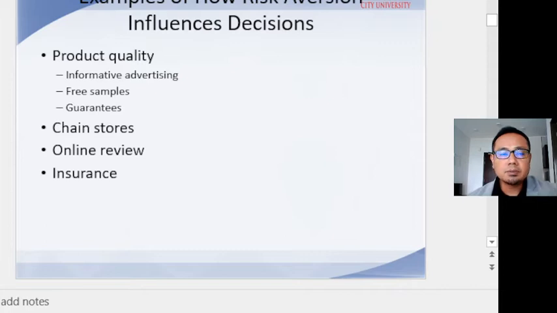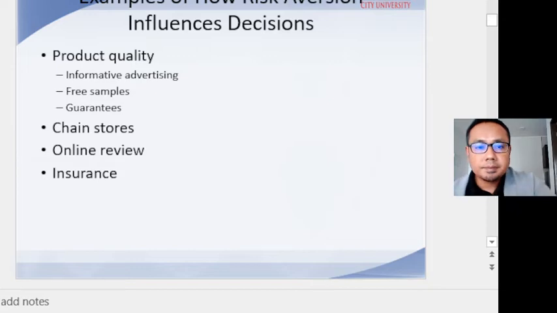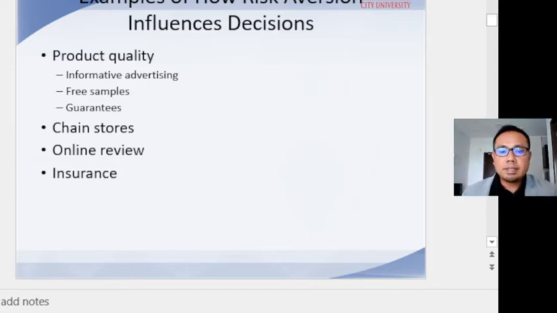So you can go to any website that has customer reviews, and this can influence and help the consumer to make a decision.